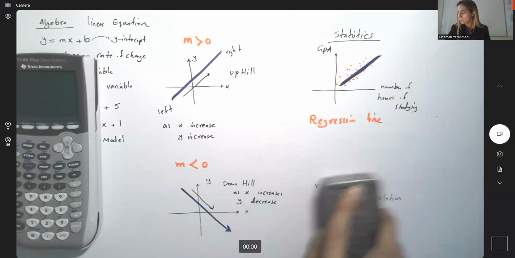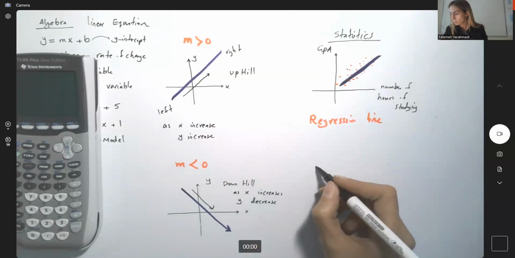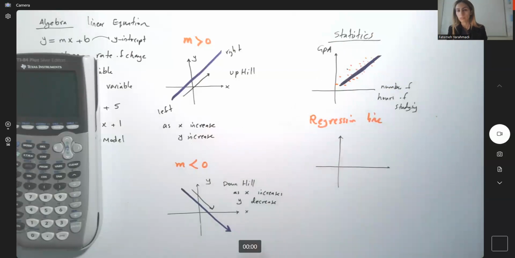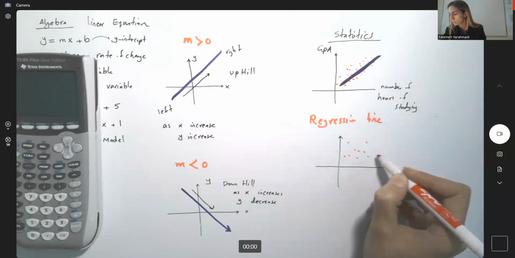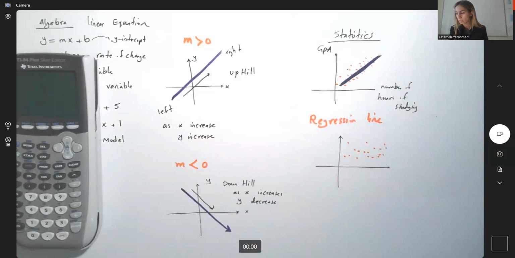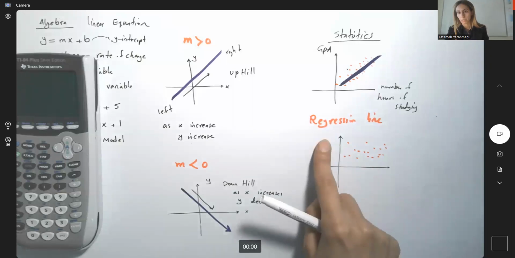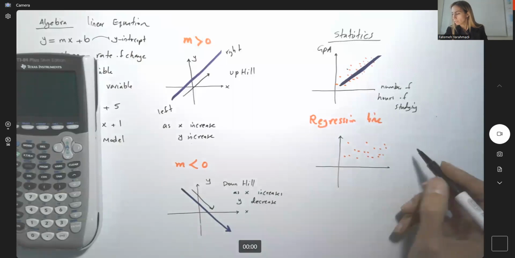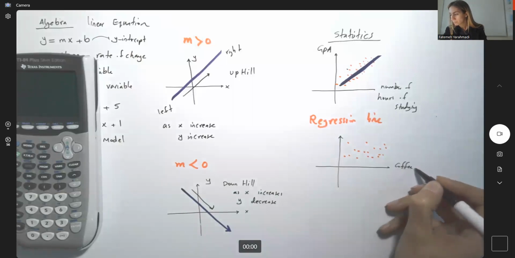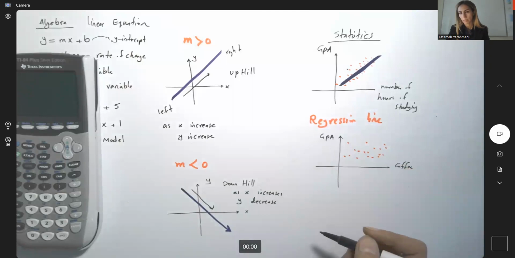Some other times you have a bunch of points that might not be related at all, or you see a weak correlation between them. For example, if you have some points here behaving like this, you have a lot of noise that you cannot just ignore. For example, the number of cups of coffee that students drink every day and their GPA. Coffee and GPA. We don't expect to see a very good correlation between these data.